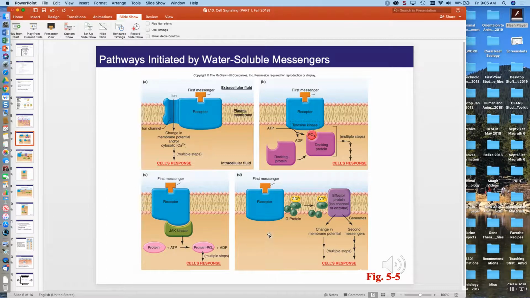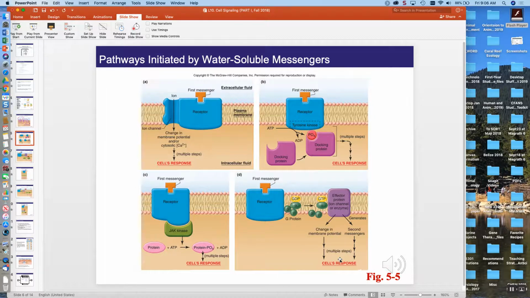Today, we're going to focus on G protein coupled receptors. In this case, when the ligand binds to the G protein coupled receptor, it causes these G proteins to change their conformation, activating them, which activates other intramembrane proteins that leads to a cascade of events. Okay, so we're going to do that today. I just want to make sure that you all know which G proteins we're going to study in this class.